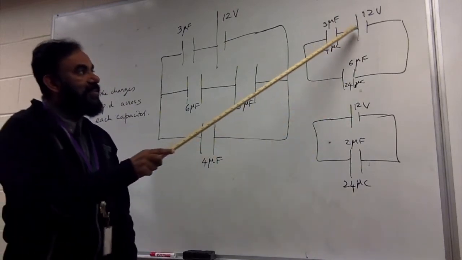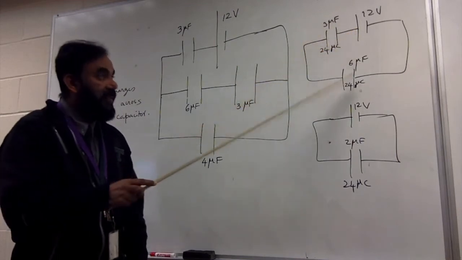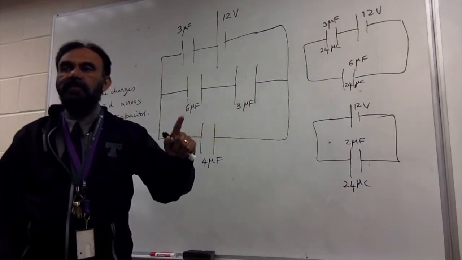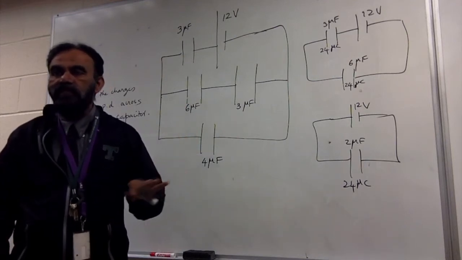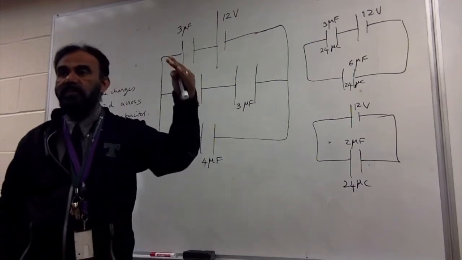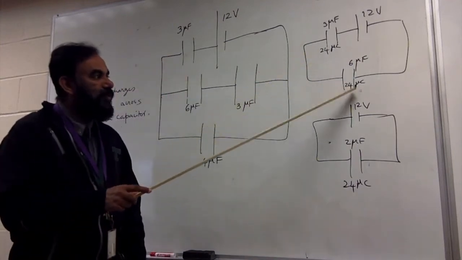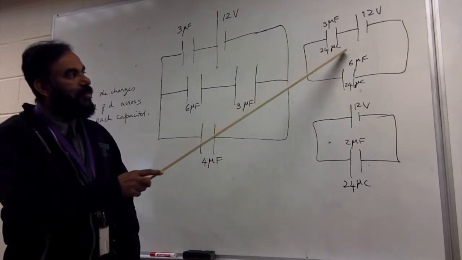So when you know that the cell has already delivered 24 microcoulombs, where is it going to sit? It's going to sit here and here equally, not split. In series capacitors, the charge will be exactly the same. Even if you have 100 capacitors, it's going to be the same. So 24 and 24.